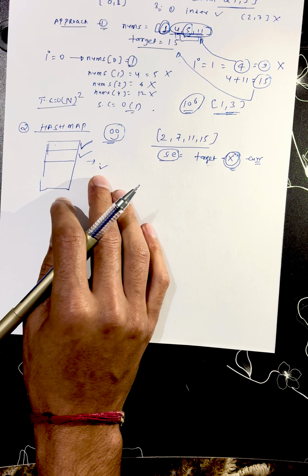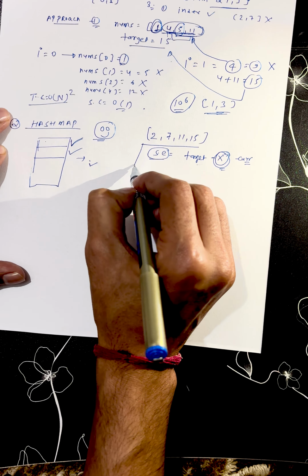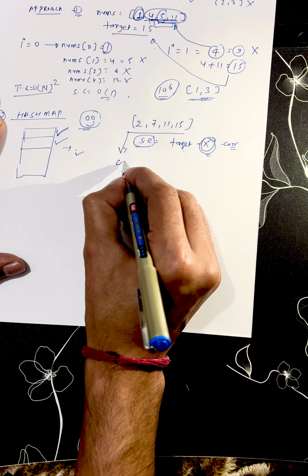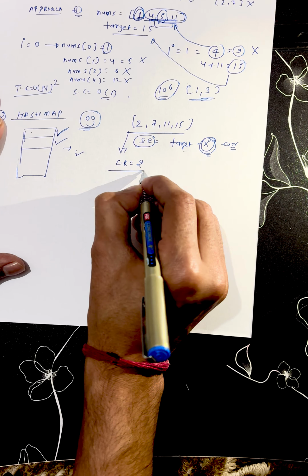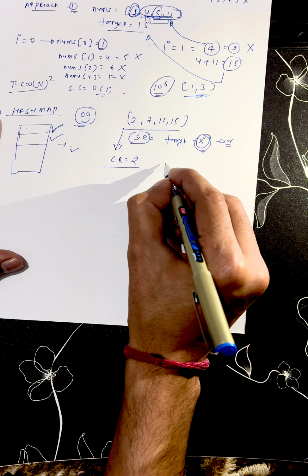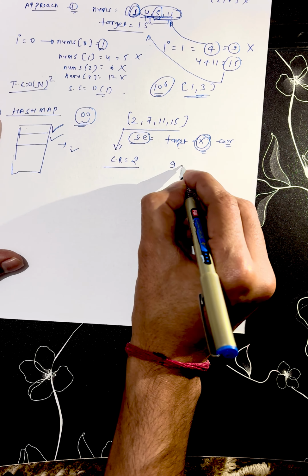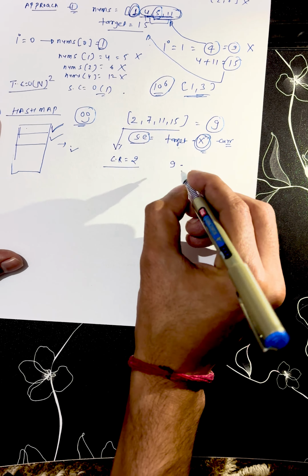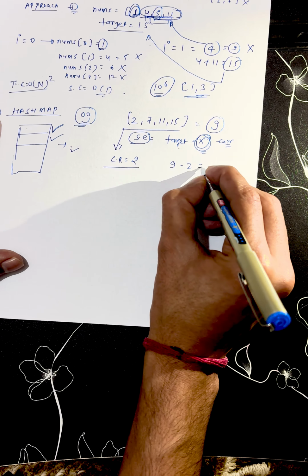Okay, so let's understand with this example how we will do this. Let's suppose the current number is 2. So our searching element will be 9 minus 2. If our target is 9, our searching element will be 7.